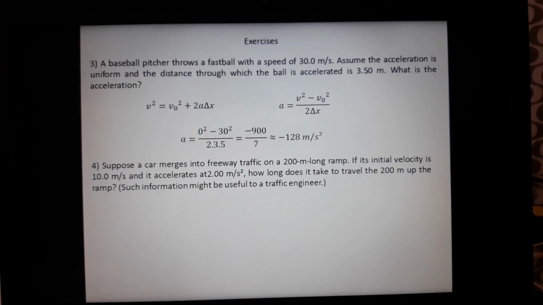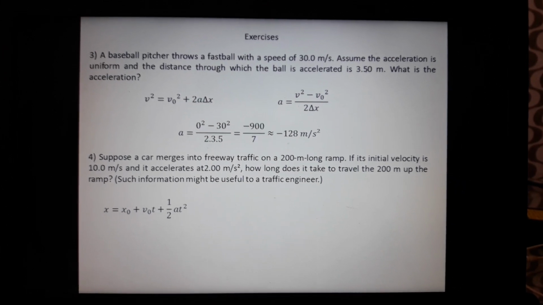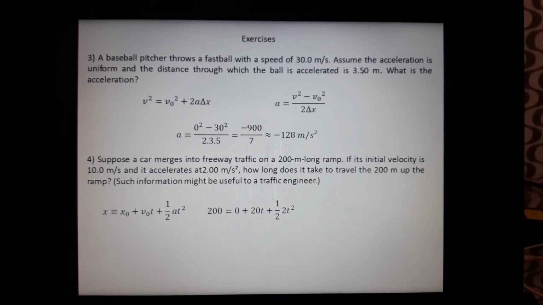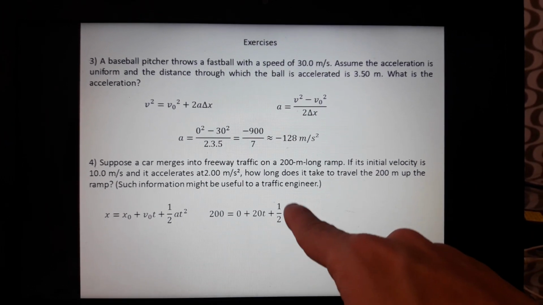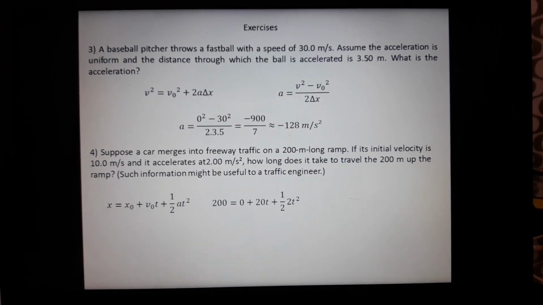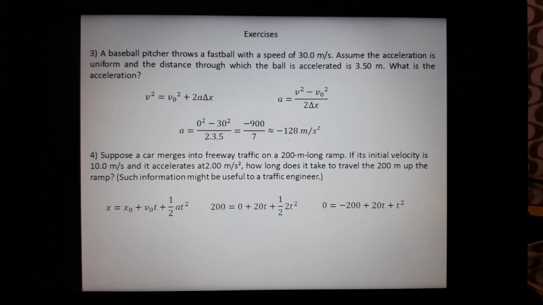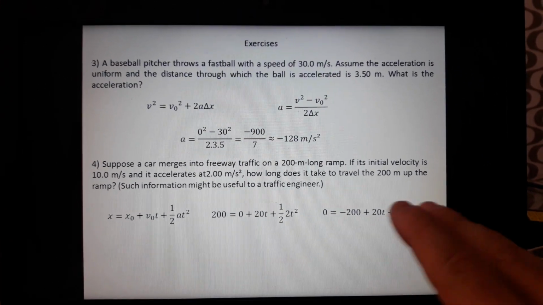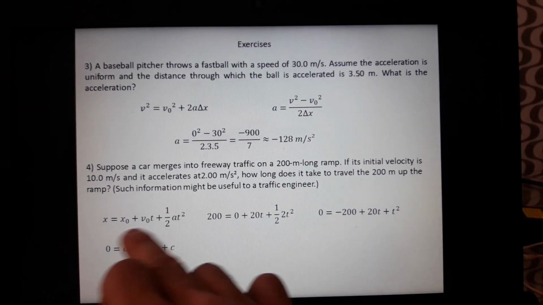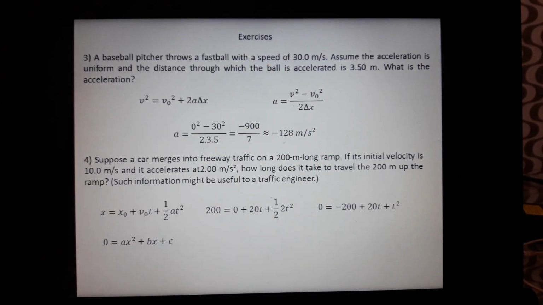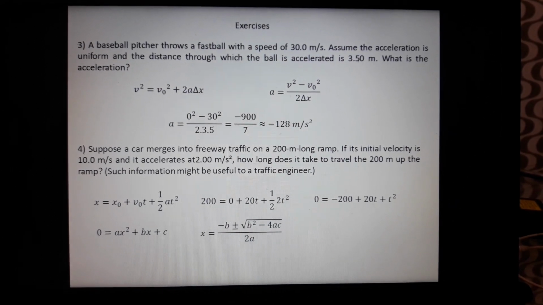Okay, here we need to put in the information. We will not isolate like this because we have t squared and t here. We need to set it equal to 0, as in mathematics, to find x.